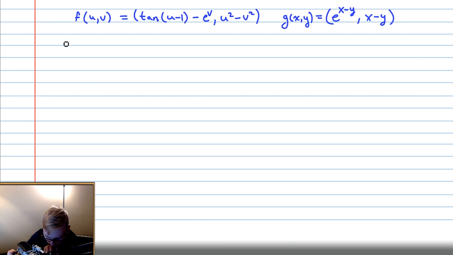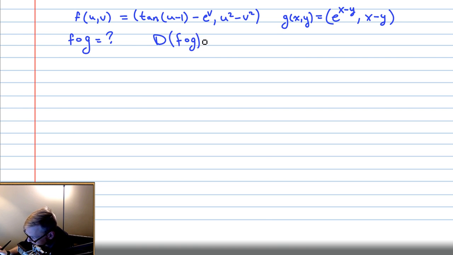Calculate f of g and d of f of g at 1 comma 1.